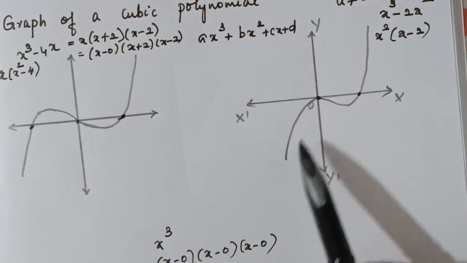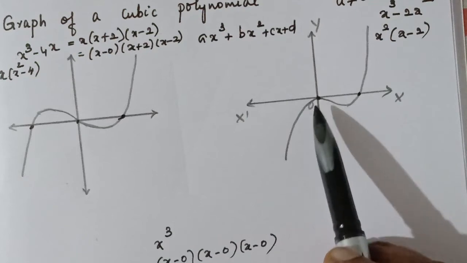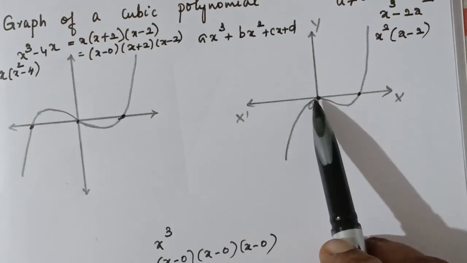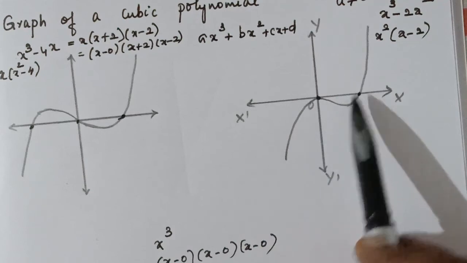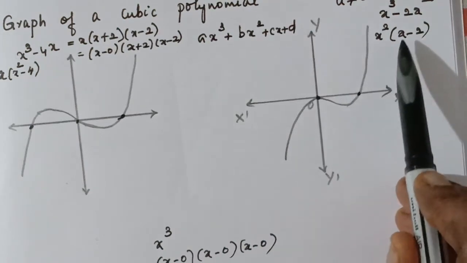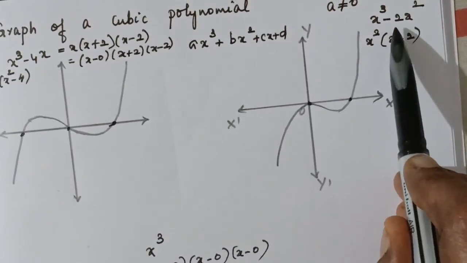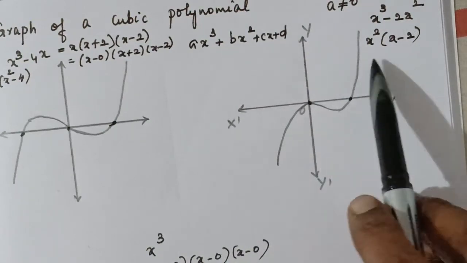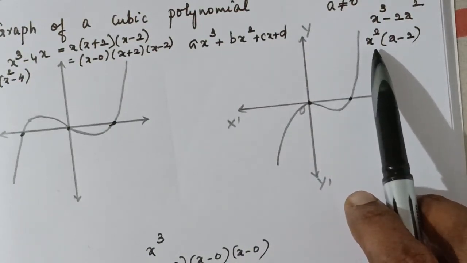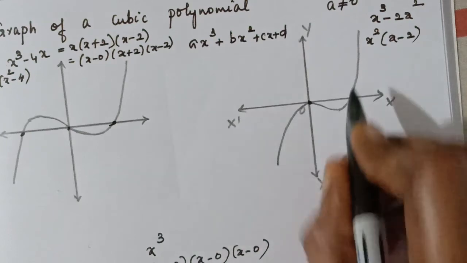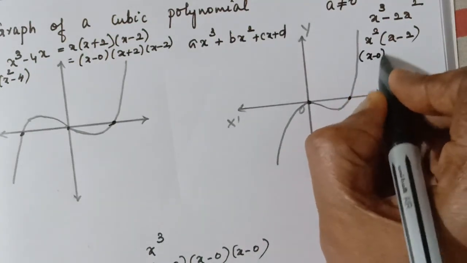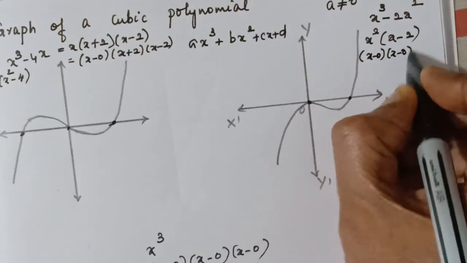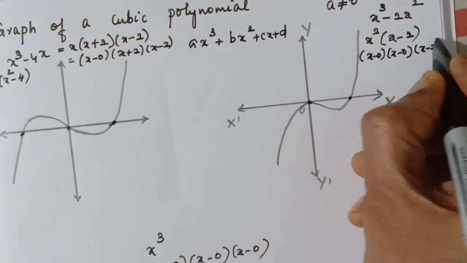That shows that it has got two equal zeros and one distinct zero. Suppose this is the polynomial x cubed minus 2x squared, this can be written as x squared into x minus 2. Again, this can be written as x minus 0 into x minus 0 into x minus 2.